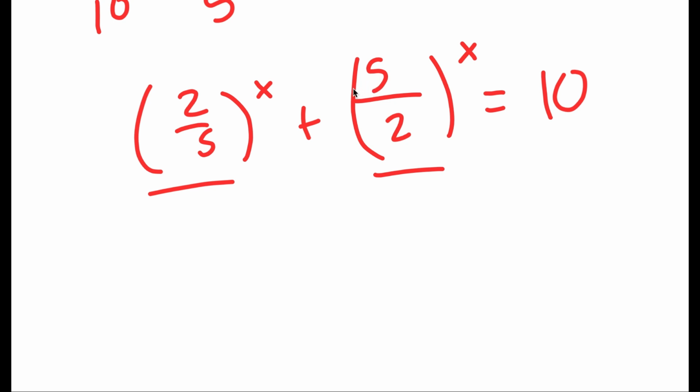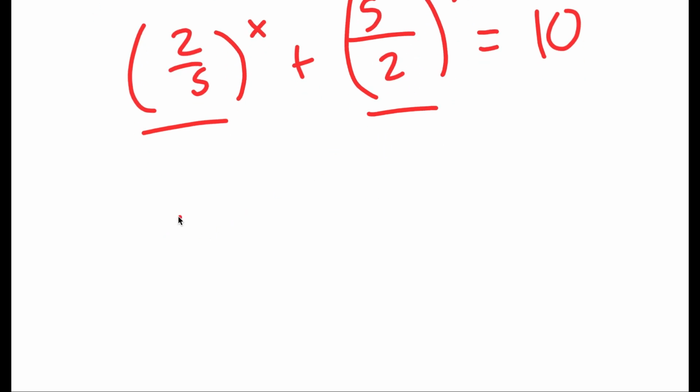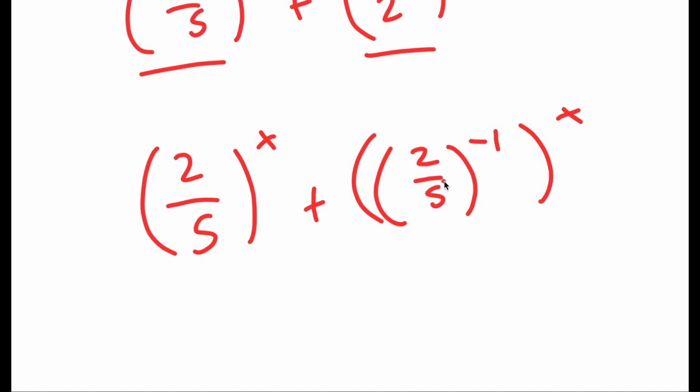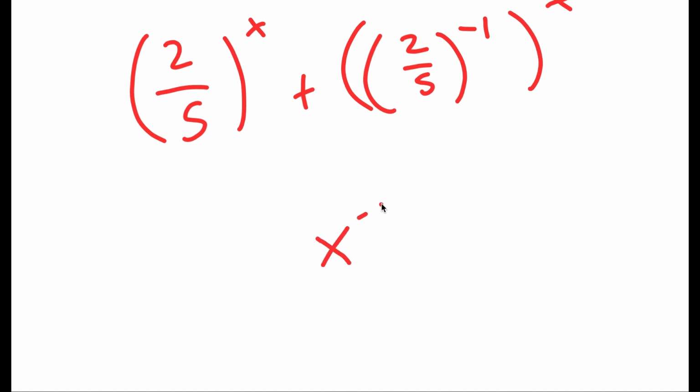So what I'm going to do about this is I'm actually going to rewrite this as 2 over 5 to the power of x plus 2 over 5 to the power of negative 1 to the power of x. Because when you take the power of negative 1 of a fraction, it flips it, because x to the power of negative 1 is the same thing as 1 over x to the power of 1. So it flips.